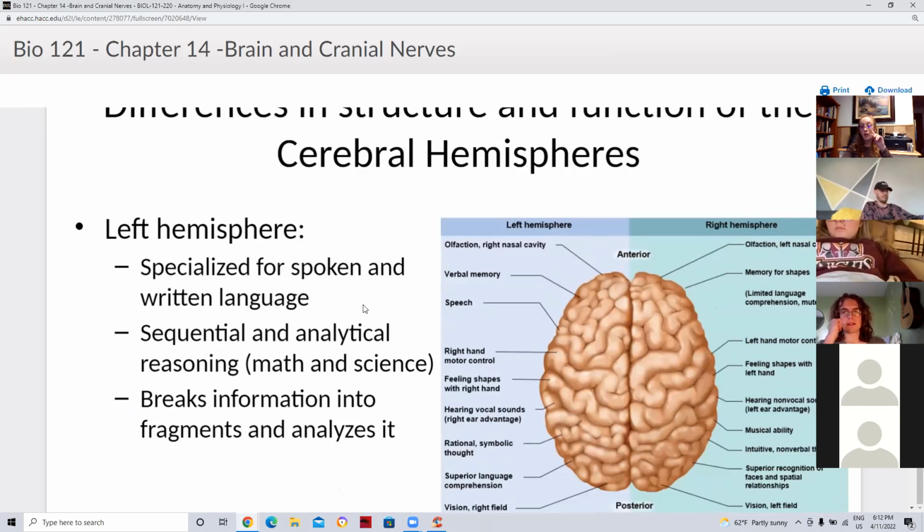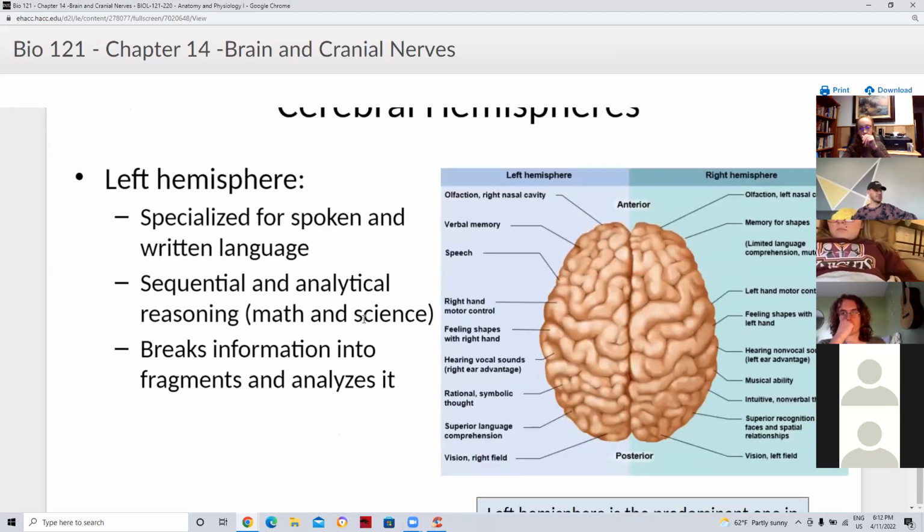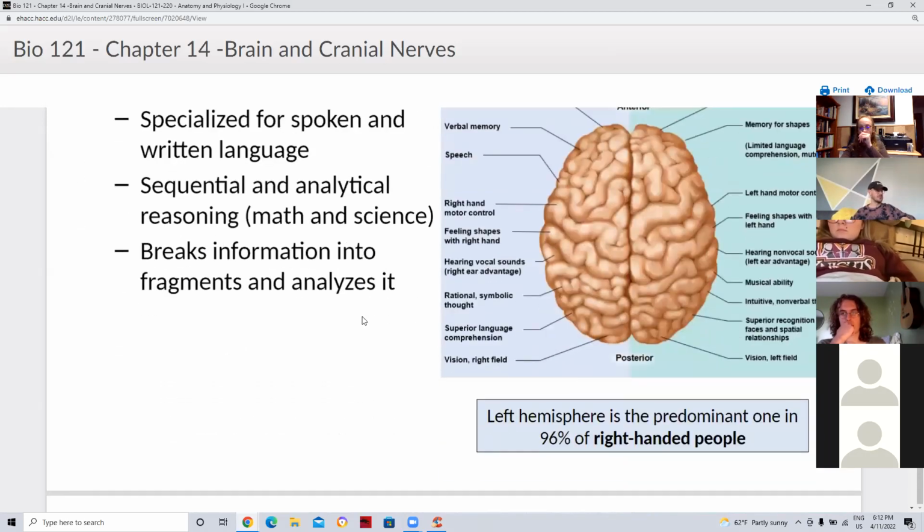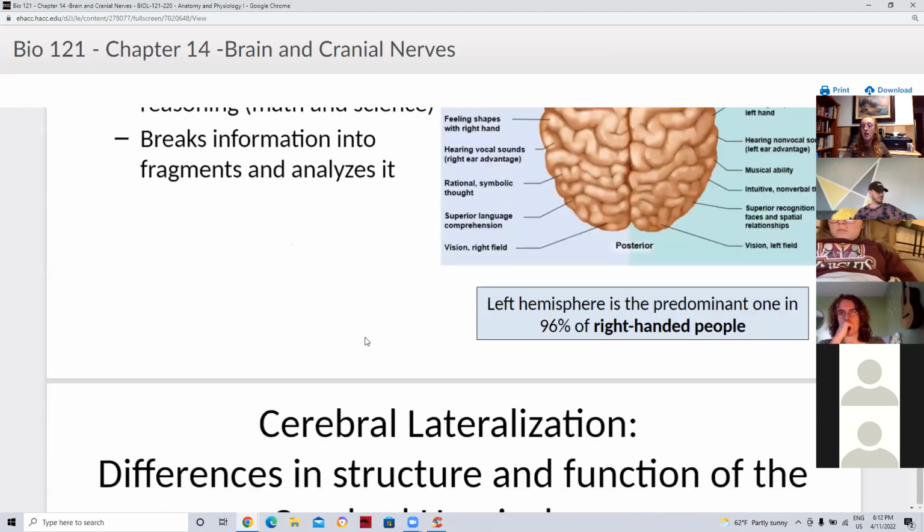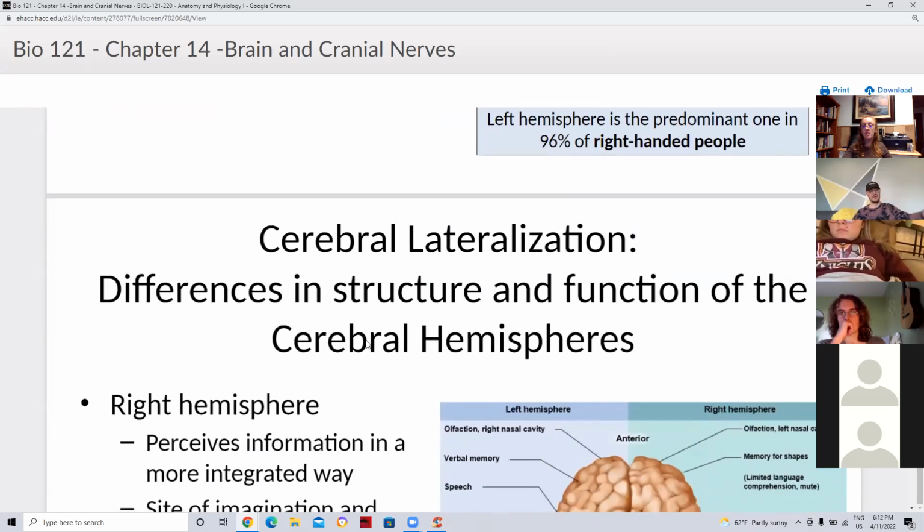So looking at a problem from multiple angles and assessing where the problems are. It says that in 96% of right-handed people, your left hemisphere is the predominant one. I'm not sure just how much I agree with some of that.